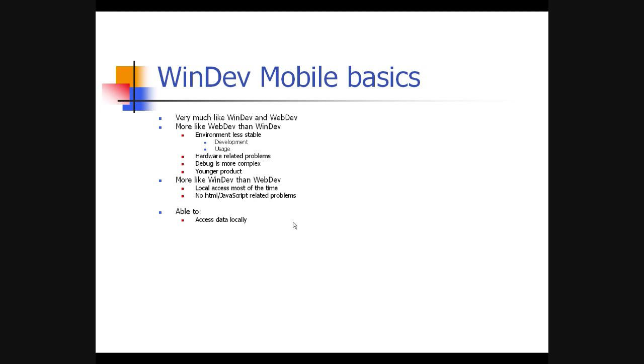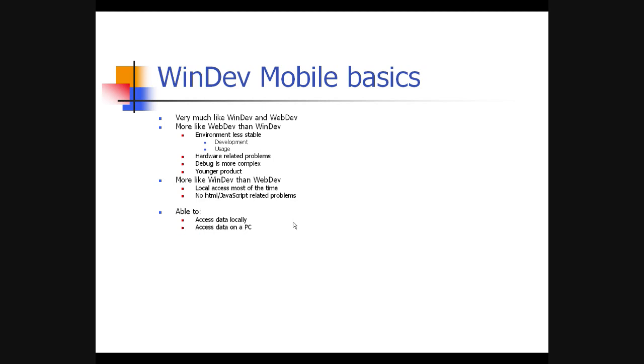It's the databases that are used to store the emails, the contact information, all this kind of thing that you have typically on a PDA. So of course it's able to access this data. It's also able to manage other types of database. HyperFile is natively available on WinDev Mobile, so you can use a HyperFile database directly in your mobile. So that's an extremely powerful tool in that environment.